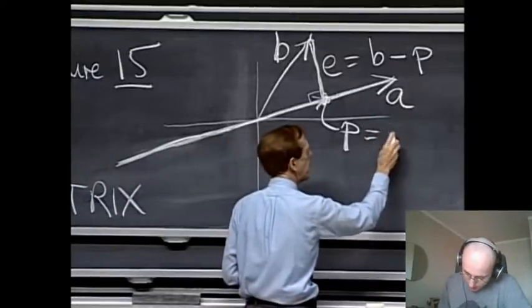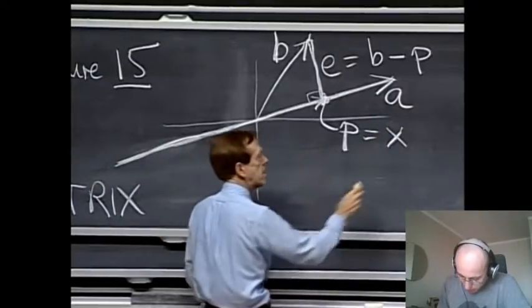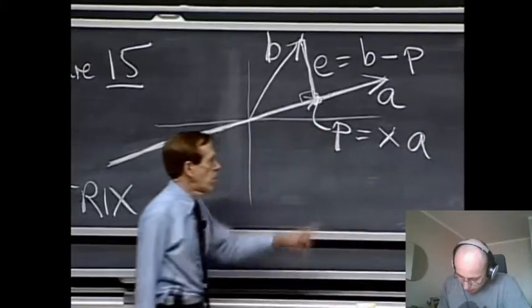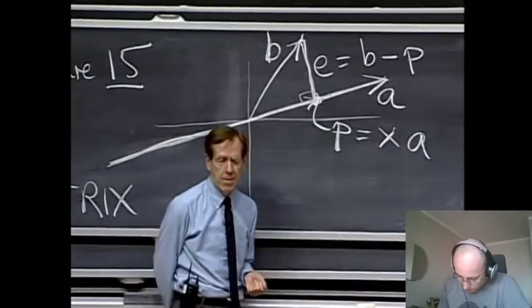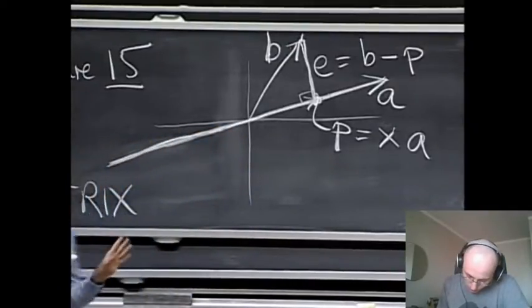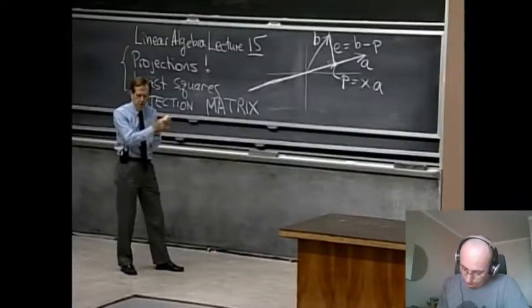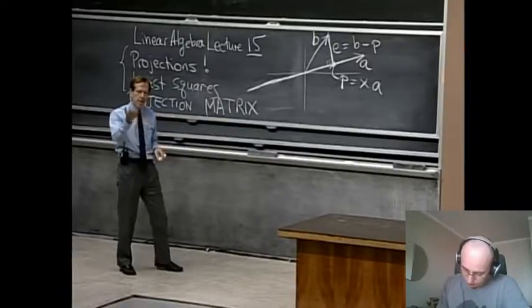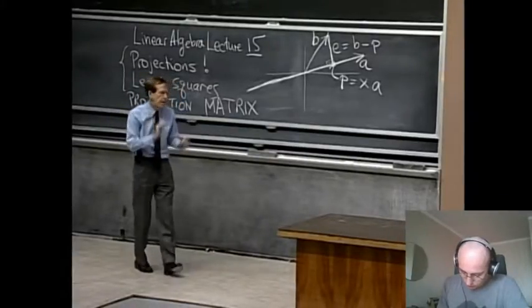It's some multiple, let me call that multiple x, of A. So really, it's that number x I'd like to find. This is going to be simple in 1D, so let's just carry it through and then see how it goes in high dimension.